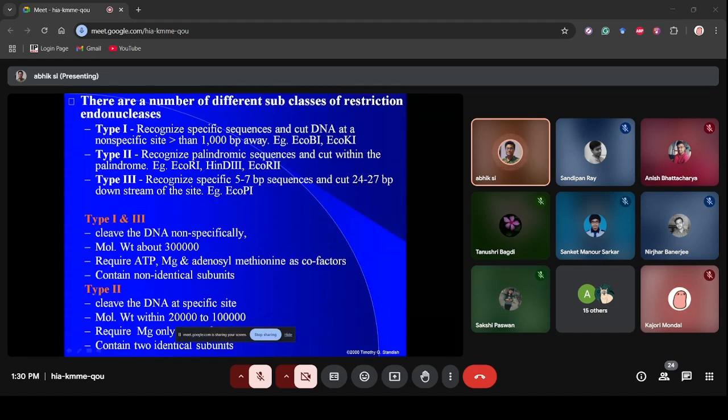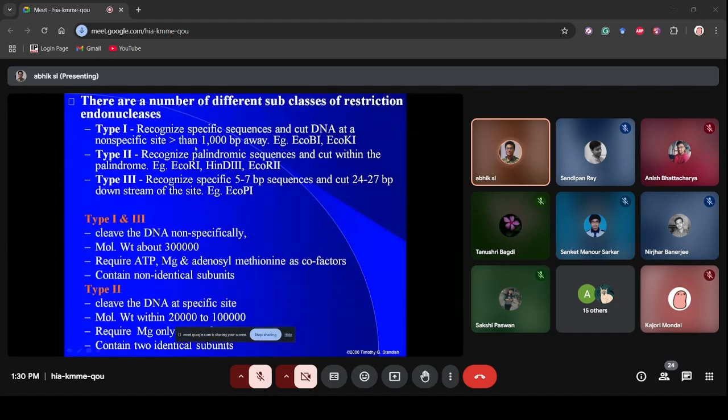Again, type 1 and type 3 are bigger and have lots of subunits which are not identical. So in the upper strand one subunit can bind, in the lower strand another subunit can bind. So in the upper strand it can cut somewhere, in the lower strand it can cut somewhere else. So this problem is there for type 1 and 3.